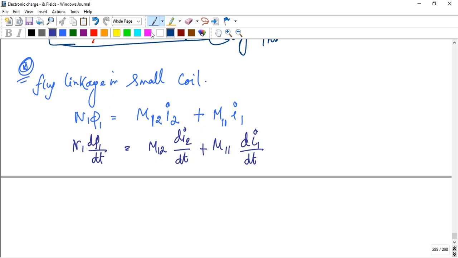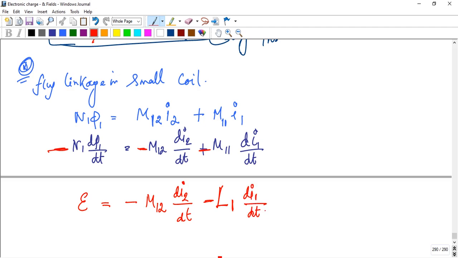Now put a minus sign on both sides. So minus N1 d phi 1 by dt is equal to the EMF, that is equal to minus M12 dI2 by dt, and minus M11, the self inductance of coil 1, that is L1 dI1 by dt.